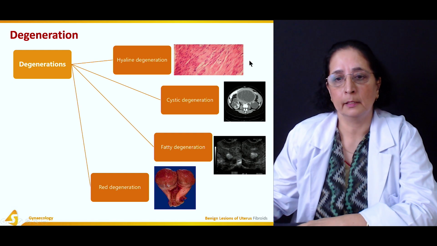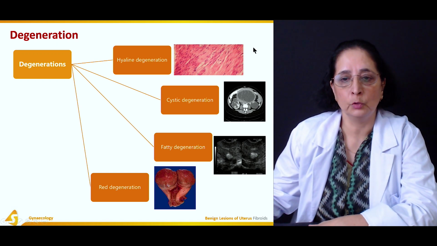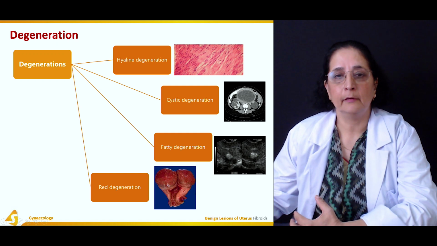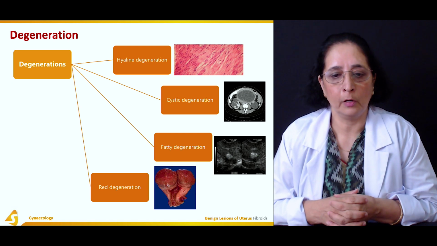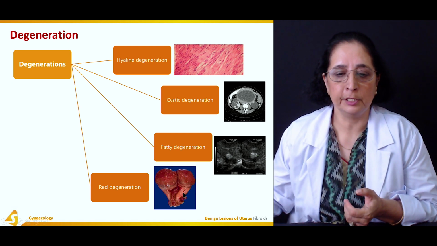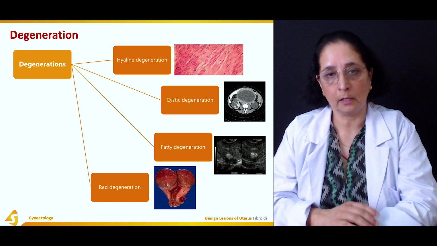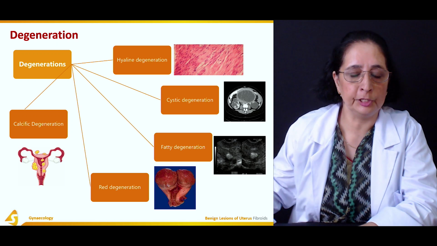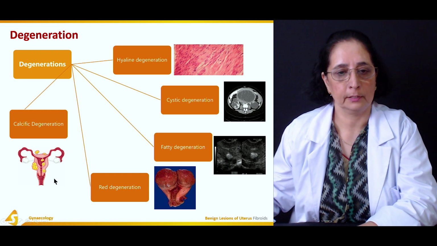In hyaline, the fibroid is replaced by the hyaline type of tissue, or a cyst forms in the fibroid, or there are fatty deposits in the fibroid, or red degeneration. Red type degeneration is very common in fibroids that occur in pregnancy. So these are all different types of degenerations. Then calcific degeneration. Calcification of fibroid also occurs.